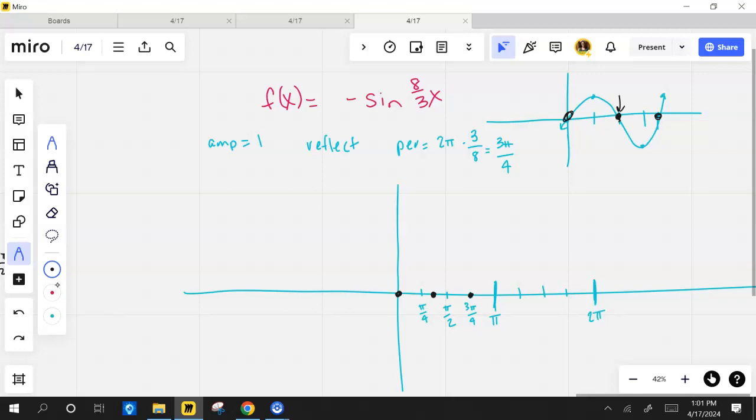So what's in between? Well, I need to go over, I've got 1.5, so half of that would be what, 3/4? So over 3/4, and that's going to be my low now. And then 3/4 this way, and that's going to be my high. And so this graph looks like this.